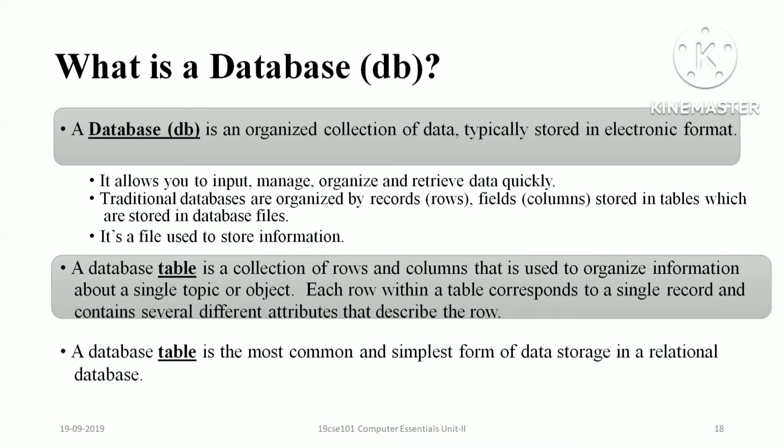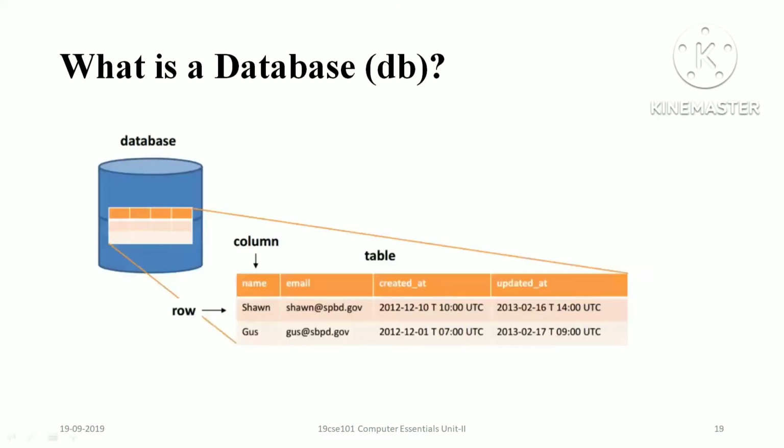How is the data managed? Data in a table is managed in columns and rows. Here is a simple example of a table containing the data about different people.